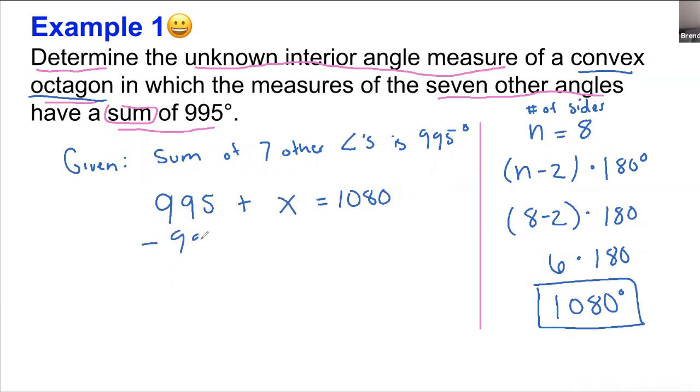So let's subtract 995. x equals 1,080 minus 995. Let's see what you get.